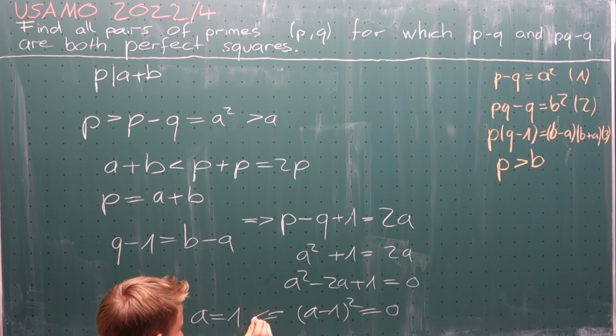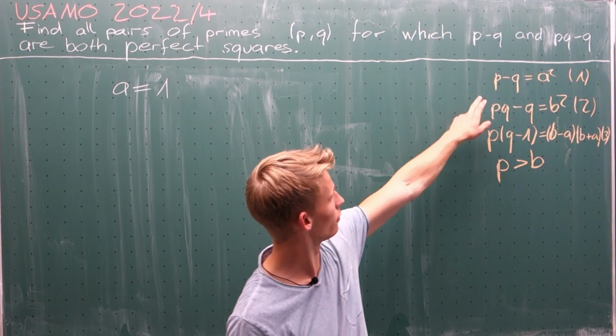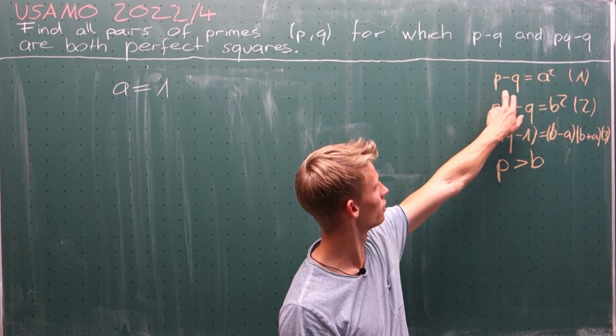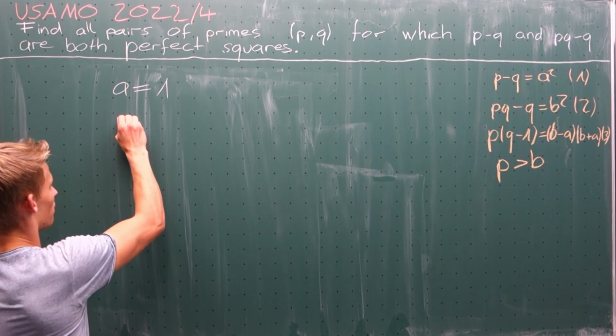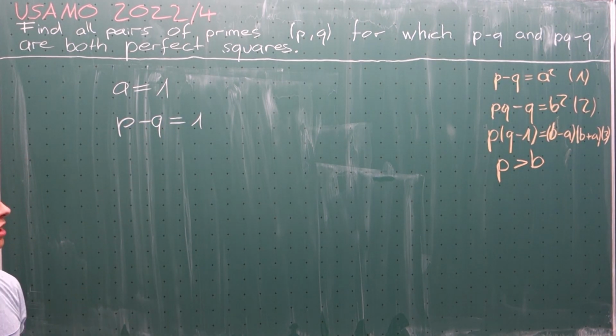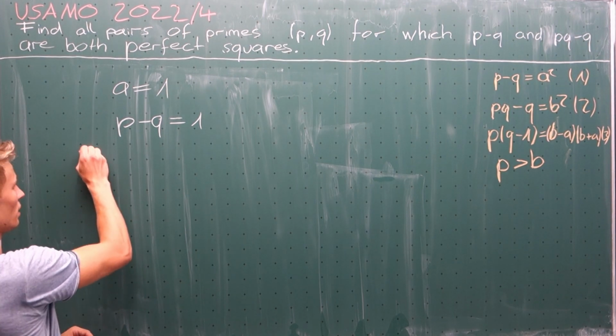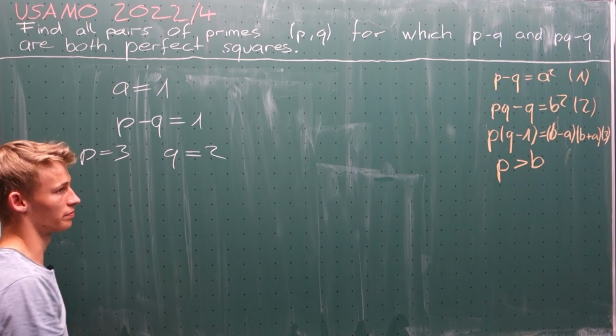Now with a equals 1 we are almost done, because from equation 1 we get that the difference of two primes is equal to 1, so p minus q is equal to 1, but this is only possible if p is equal to 3 and q is equal to 2.